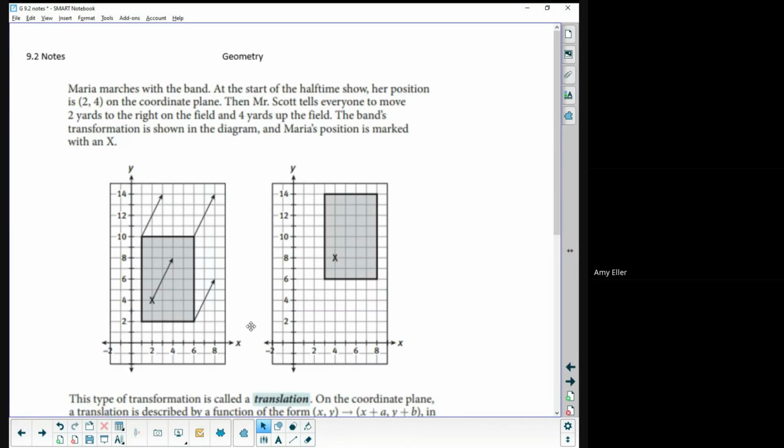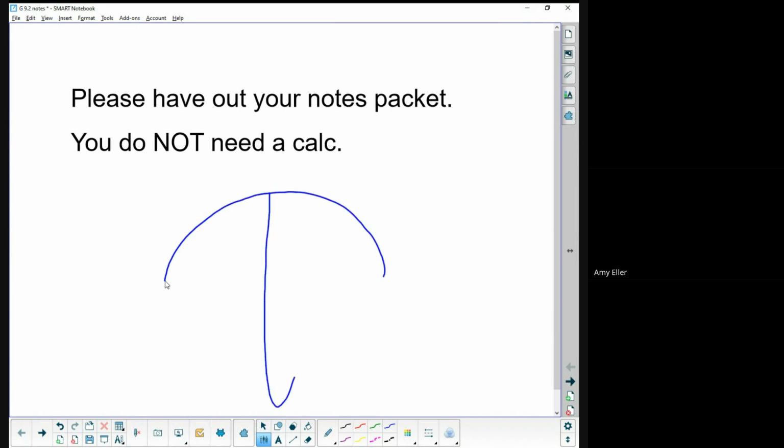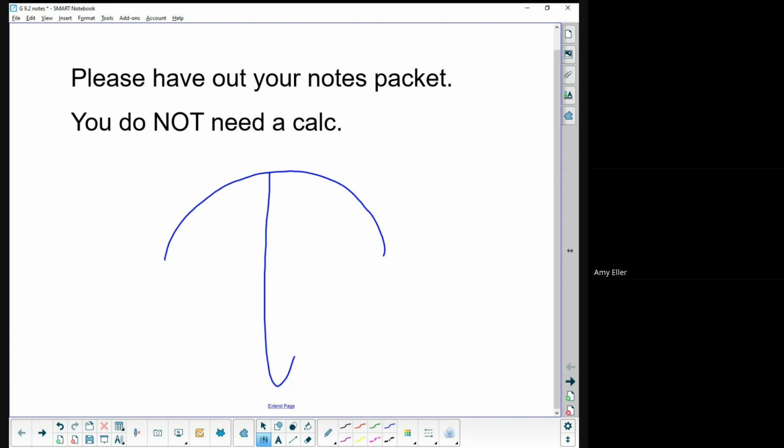On the front of your notes packet, I'm going to have you draw something. I think your packet is pink. I want you to draw a large umbrella. It's the only thing we're going to draw, so it can be kind of big.